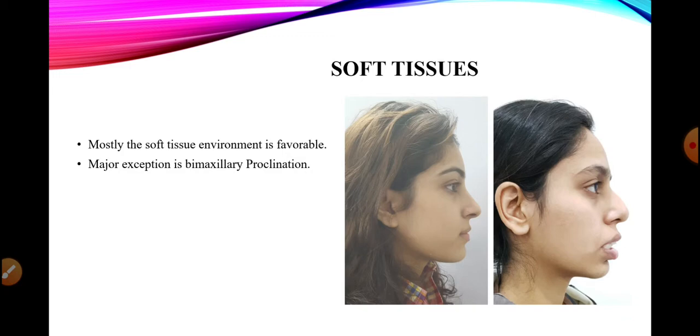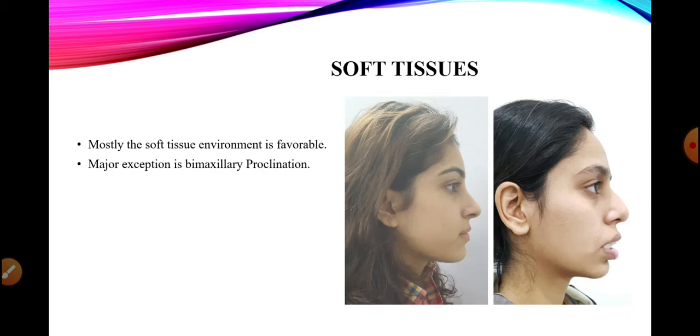So in cases of bimaxillary proclination, usually it is racial in origin, based on the ethnicity, but it can also occur because of the lack of lip tonicity. That can be a cause of the soft tissue etiology of class 1 malocclusion, the lack of lip tonicity, which basically results in the incisors moving forward under the tongue pressure.